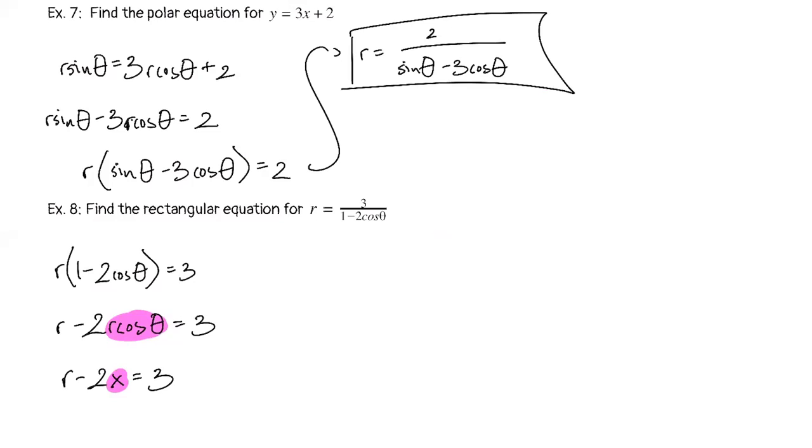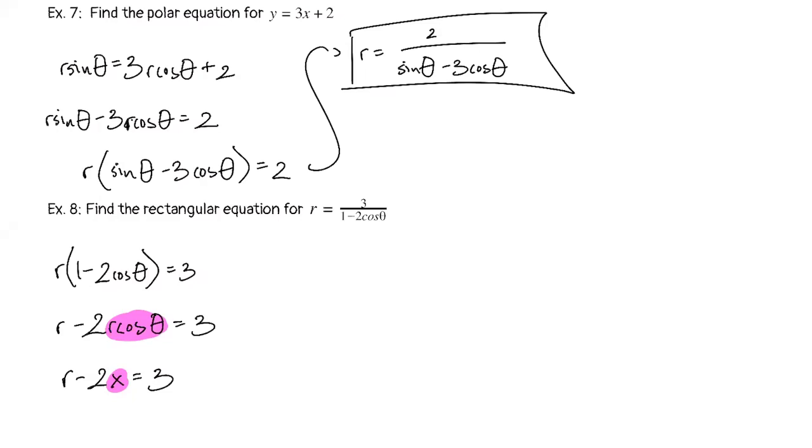So if we think about this strategically, the next thing we have to do is get rid of that r, right? What can we do to get rid of that r? Do you mean by isolate the r? No, I can't have a rectangular equation with r's.